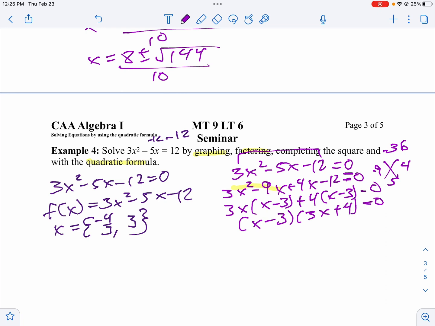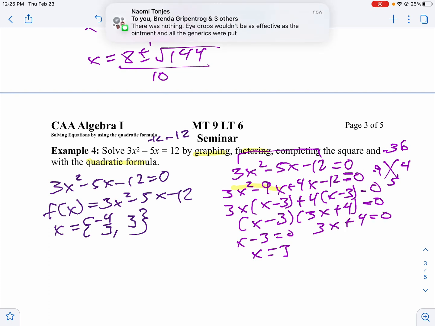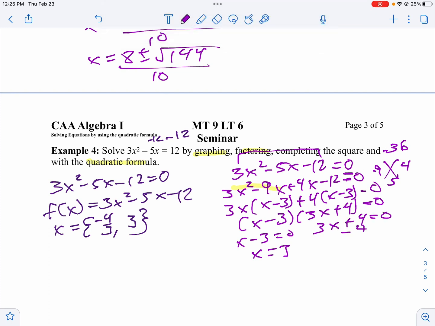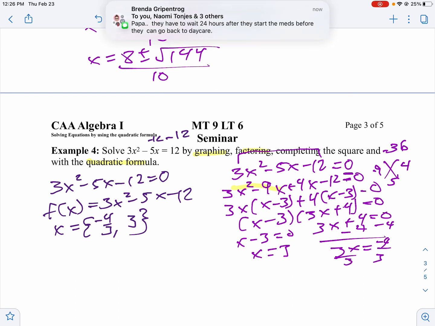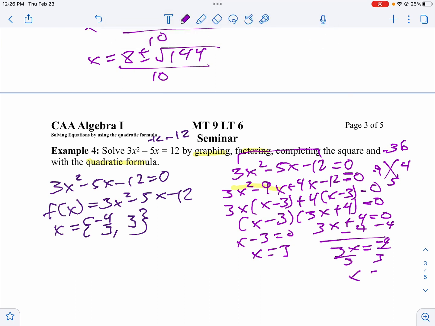Set each one equal to 0: x minus 3 equals 0, which means x equals 3. 3x plus 4 equals 0, subtract 4 from both sides, and we get 3x equals negative 4, divided by 3, x equals negative 4/3. So, just like I said, my answers are 3 and negative 4/3, just like we did when we graphed it.